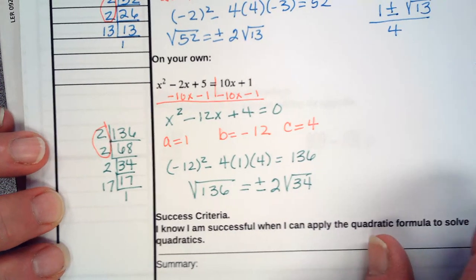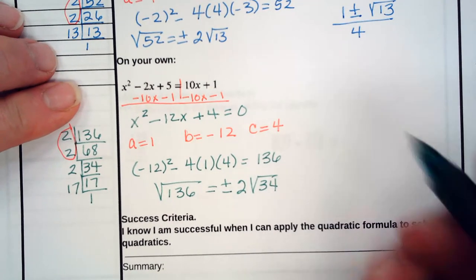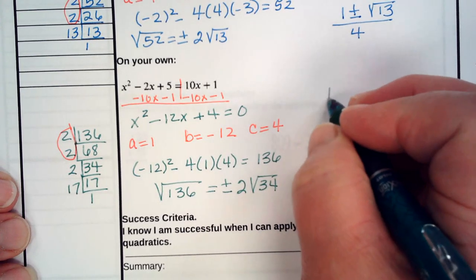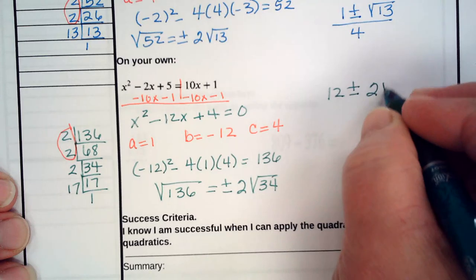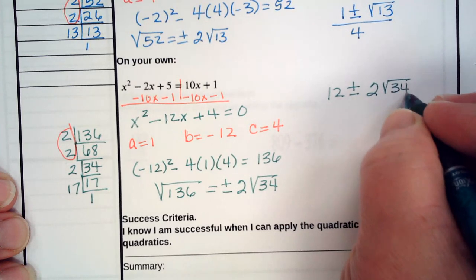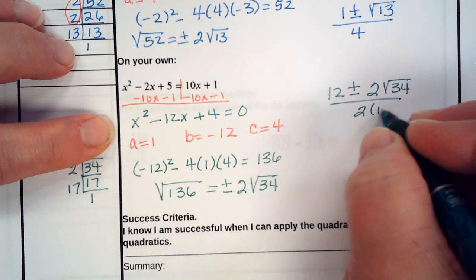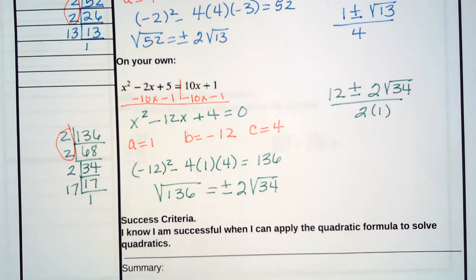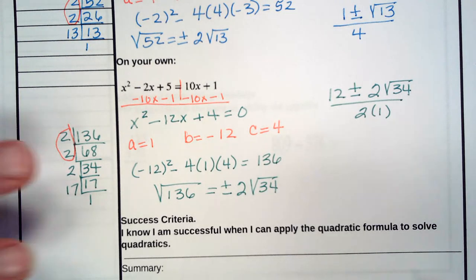Okay, now, what does this look like when we put it all together? The opposite of b, the opposite of negative 12 is positive 12, plus or minus 2 square root of 34 all over 2 times 1. What can I factor out?